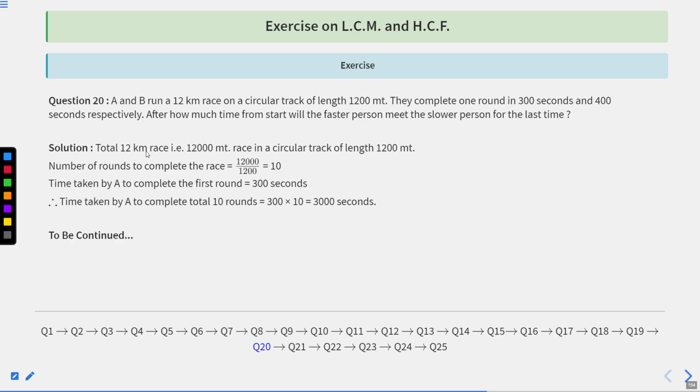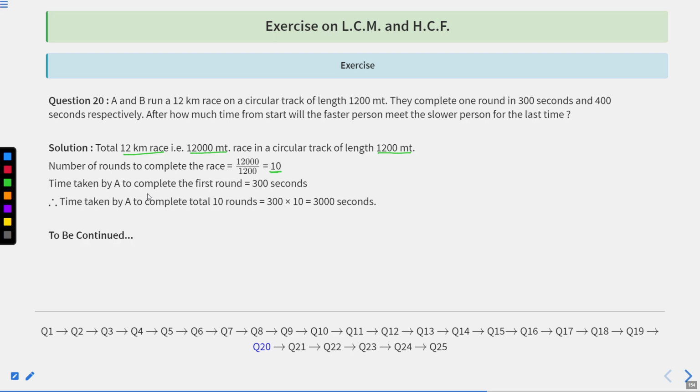Solution: the total race is 12 kilometers, that is 12,000 meters, on a circular track of length 1200 meters. So the number of rounds to complete the race is 10.